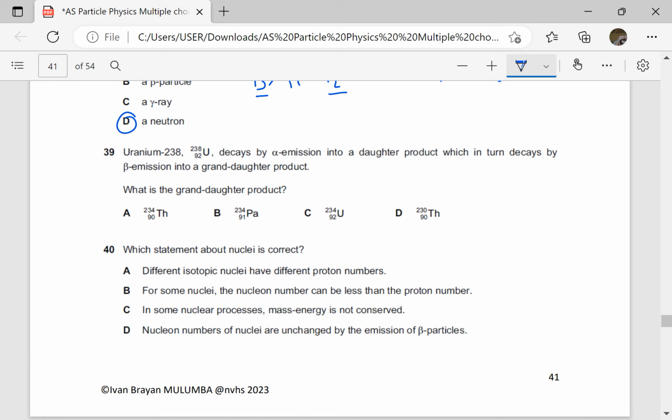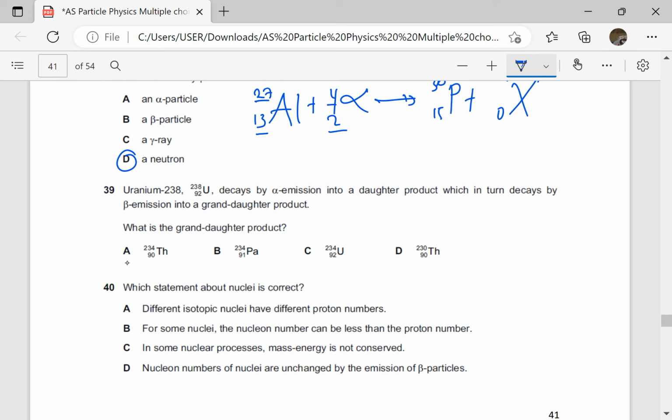Uranium-235 decays by alpha emission into a daughter product, which in turn decays by beta emission into a grand daughter product. What is the grand daughter product? We have done a similar question before, but we can still repeat it. Uranium-238, 92, is emitting X by emission of alpha 4, 2.